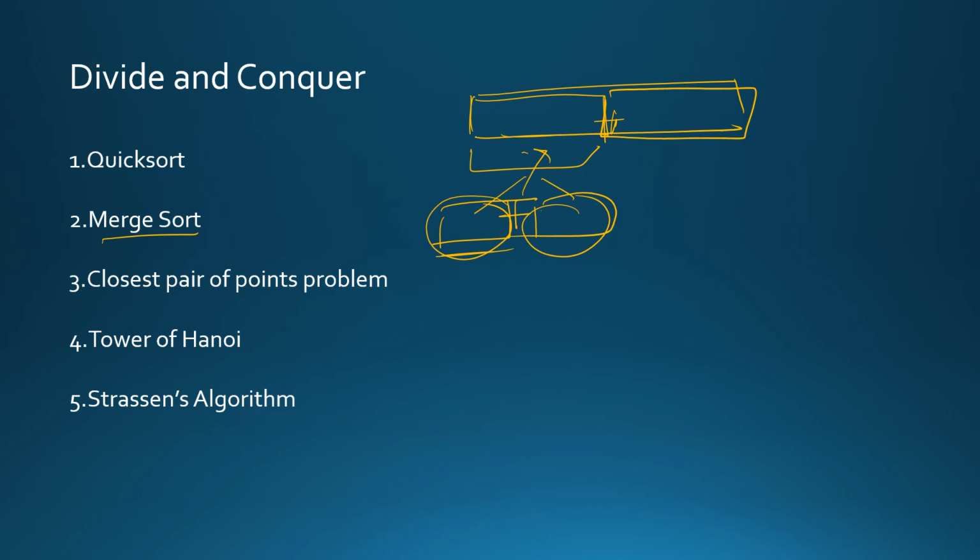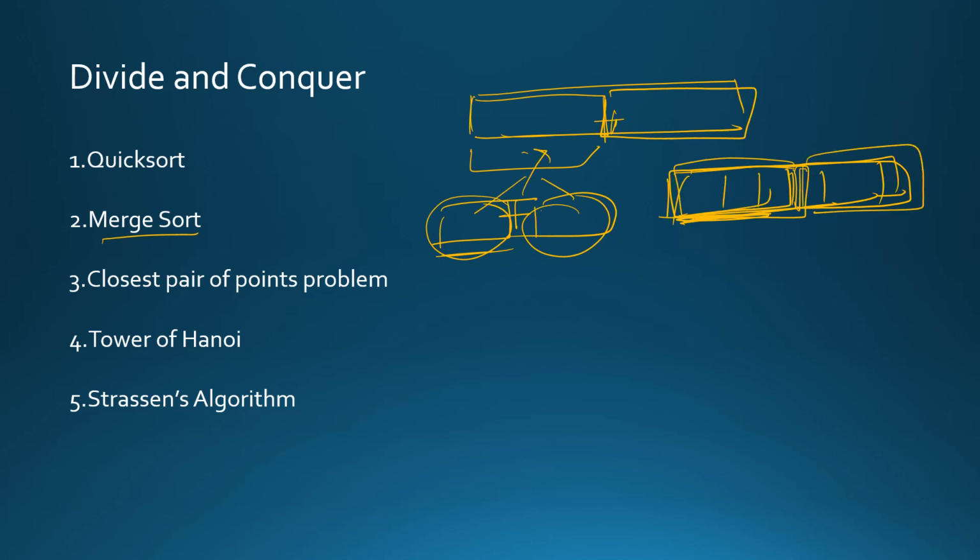Like in merge sort, we are given an array, and we have to sort all the elements present there. So we divide it into two parts and do recursion to calculate the sorted array for this part and the sorted array for this part individually. To sort this part, we subdivide it into two parts, right?